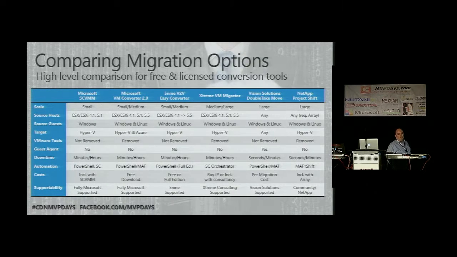In my case, I already work with every single one of them, and they are pretty good. There are a couple of differences. I will not go through every single one, but what I want to call out is that the Virtual Machine Converter is the only one that is a 100% free download.